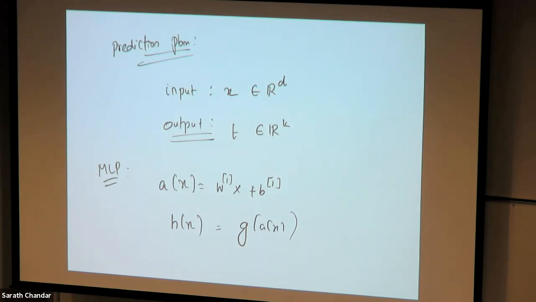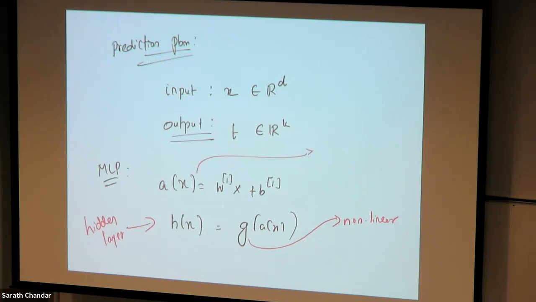So h is my hidden layer. The output of the hidden layer, which is basically the basis function, is given by some linear function a of x followed by some non-linear function g. Because we know that the basis function has to be non-linear, right? Now this a of x has a name in the literature.